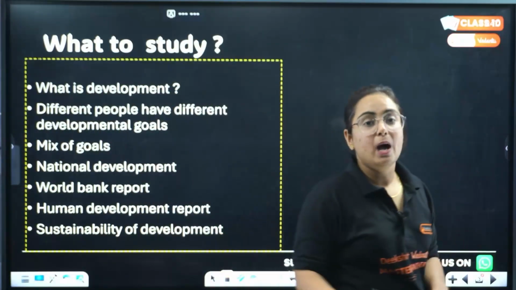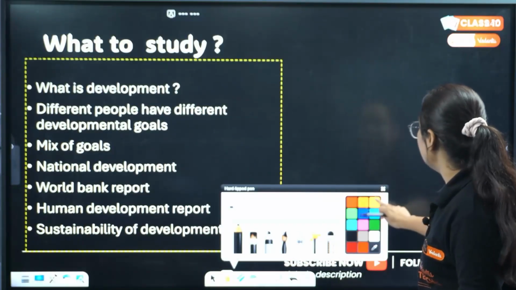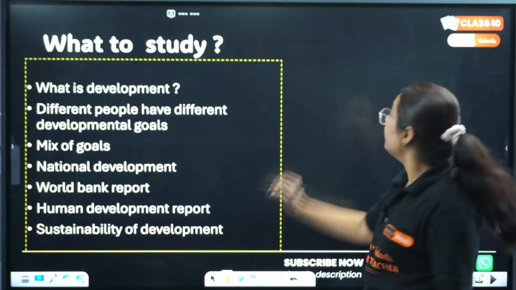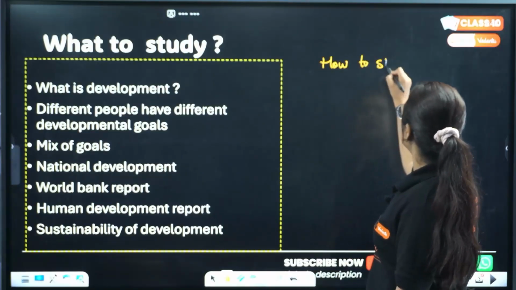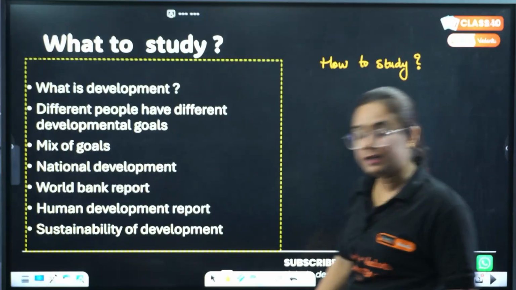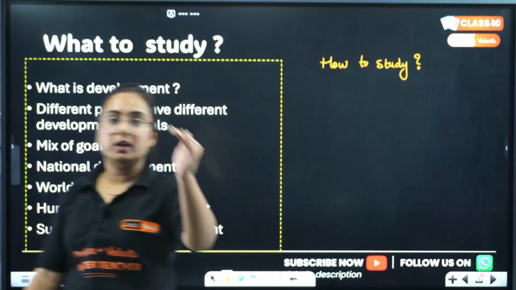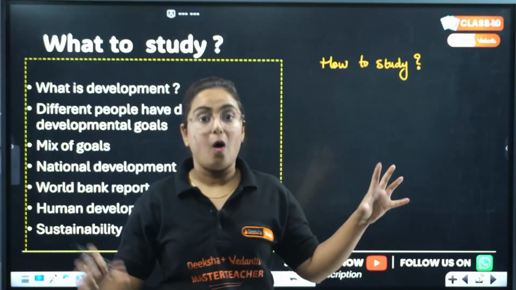See, beta, whenever I teach you, I always say that this is what we should follow. That means whenever you study a chapter, how to study is also important. Beta, you just entered class 10, right? The one thing I want you to keep in mind is that you find SST either boring or so easy.